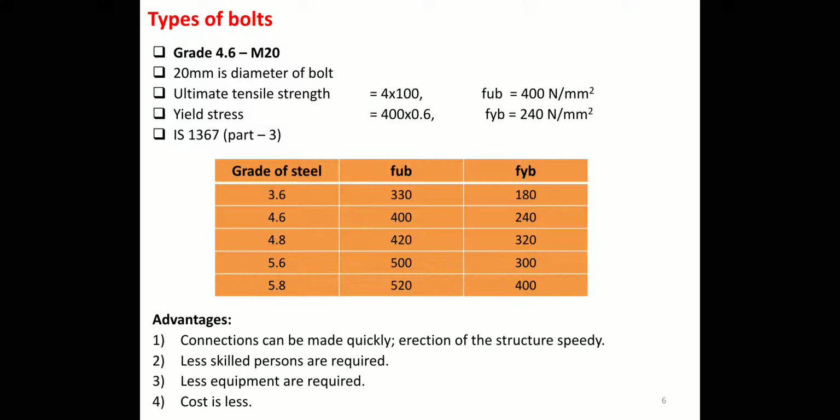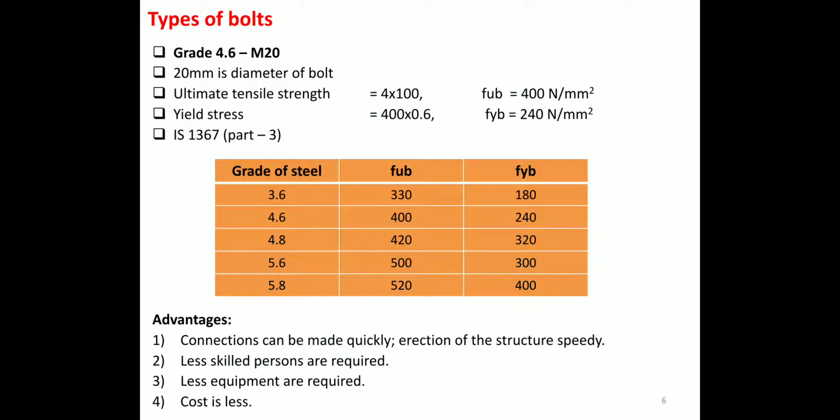MPa. Then with the help of this 4.6 grade of bolt, we find out the yield stress, which is the 400, that is FUB, the ultimate tensile strength of the bolt, multiplied by 0.6. If you multiply with the FUB, the value of yield stress of that bolt is 240 Newton per mm square.